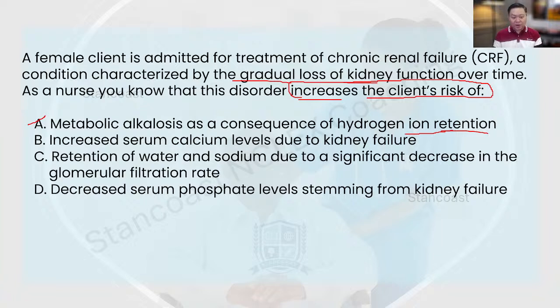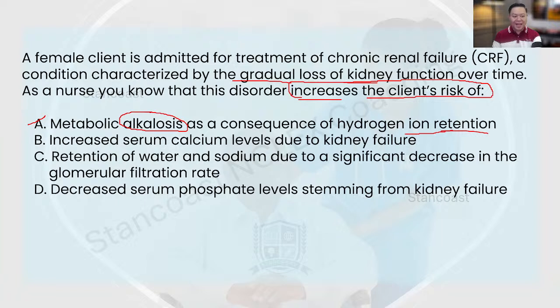That is why there is that metabolic acidosis, not alkalosis. Now, also in CKD, there is a bicarbonate loss because the kidney has already lost its function in producing bicarbonate, and so it will not be able to buffer the effects of the metabolic acidosis. So we are crossing this one out because this is what makes it wrong.